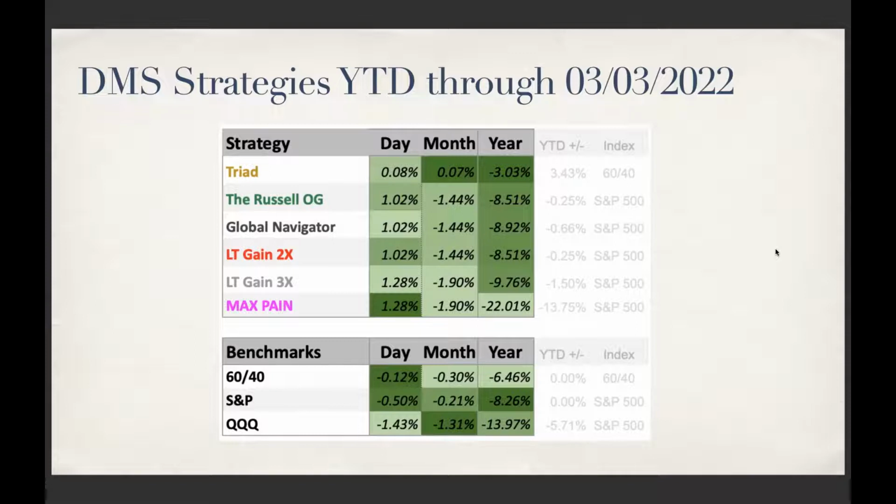So a relative win, not an absolute win. And as of the close today, the next 4 strategies are basically just a hair under the S&P for the year. And Max Pain is the one that is quite a bit behind, and it's because that's the one that's virtually always in 3x.